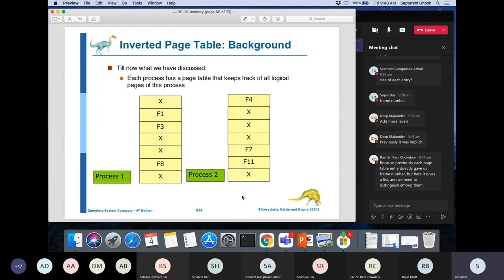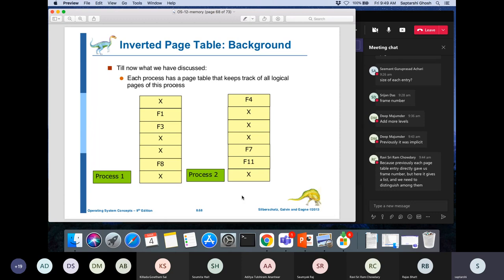But till now, whatever we have discussed, we have assumed that each process has a page table that keeps track of all logical pages of this process. Till now we have a page table for every process. But can we think differently? Say the number of frames in the physical memory is fixed.